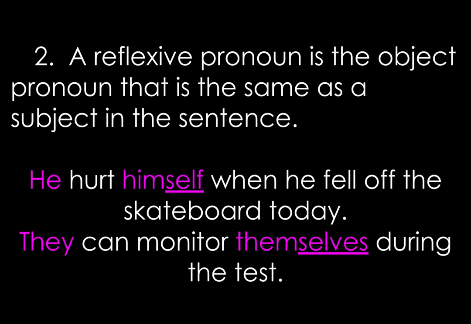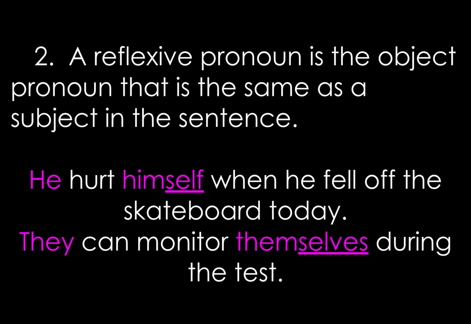In the first sentence, he hurt himself when he fell off the skateboard today. He is the subject. What did he do? He hurt. Who did he hurt? Himself. So the subject and the object of the verb, the thing that he hurt, is the very same thing.